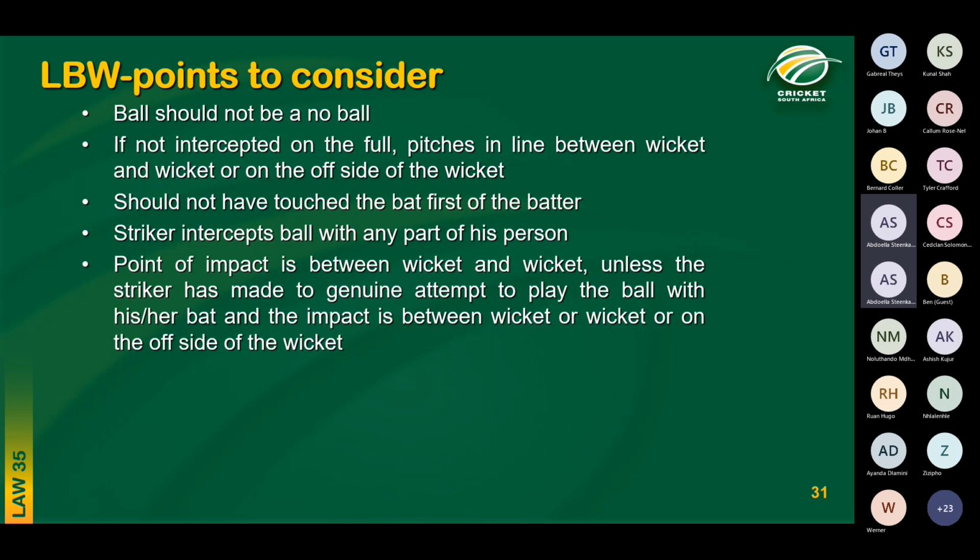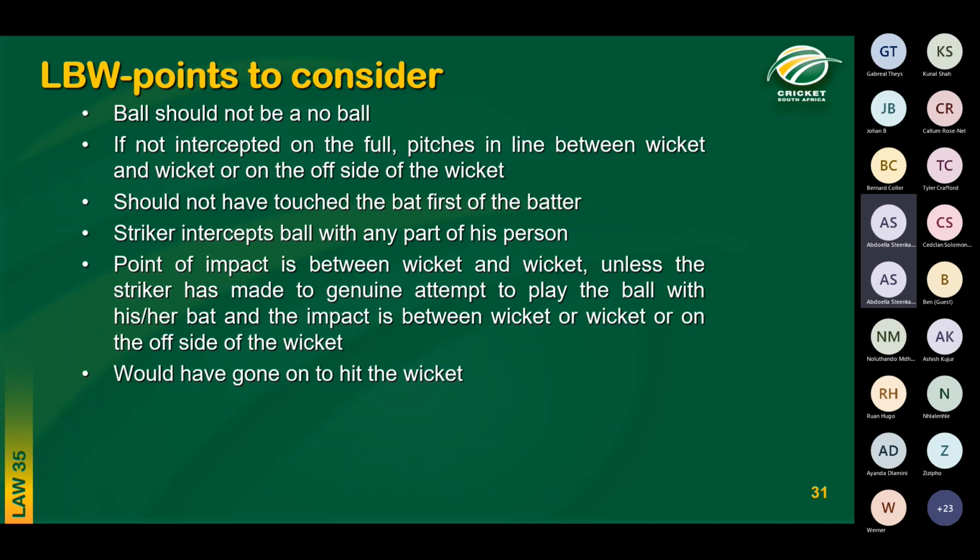So point of impact, it must be between wicket and wicket. There's one exception, and that exception is only if the striker made no genuine attempt to play the ball with his or her bat, then you can consider if the impact is outside the line. But otherwise, if the shot has been played, the impact must be between wicket and wicket.